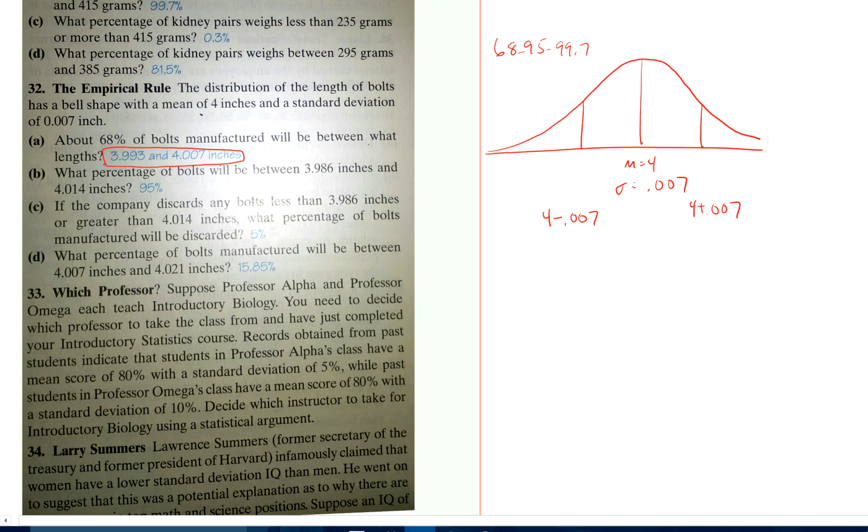Okay. What percent will be between 3.986 and 4.014? Well, it happens to be the next one up. 4.014 is 2 standard deviations above. And if I go 2 down, that'd be 4 minus 2 times 0.007.